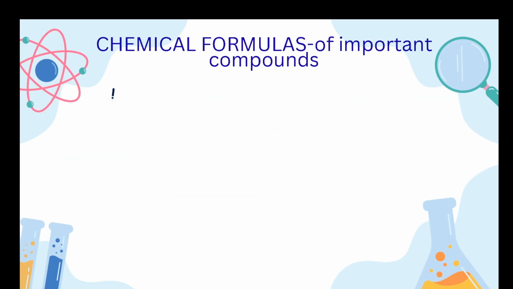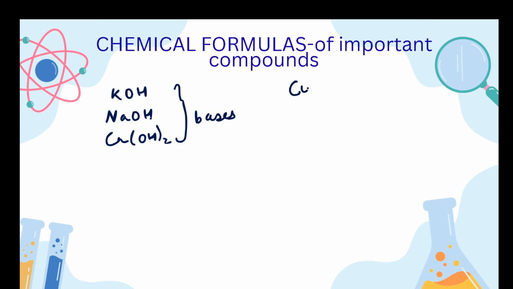Few bases we list out. KOH is potassium hydroxide, NaOH is sodium hydroxide, and calcium hydroxide is Ca(OH)2. These are some bases. Then we'll also list out few salts. Salts, we have copper sulfate, we have sodium chloride, and we have potassium nitrate, KNO3. These are few salts.